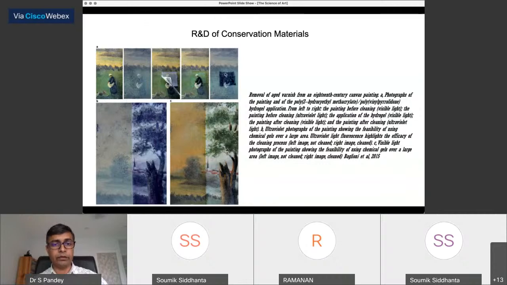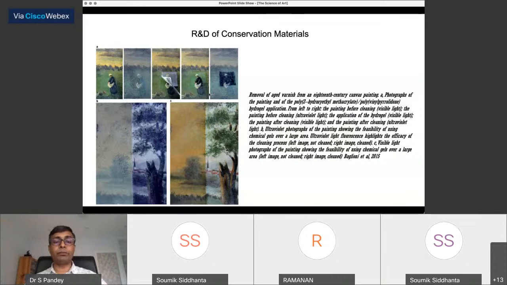And this is again in UV fluorescence. Again, in UV fluorescence and in normal light, you can see that using the gel, the aged varnish was removed, and all you need to do is to prepare the gel, cut long sheets of it, place it on the object, cover it for some time, remove it.